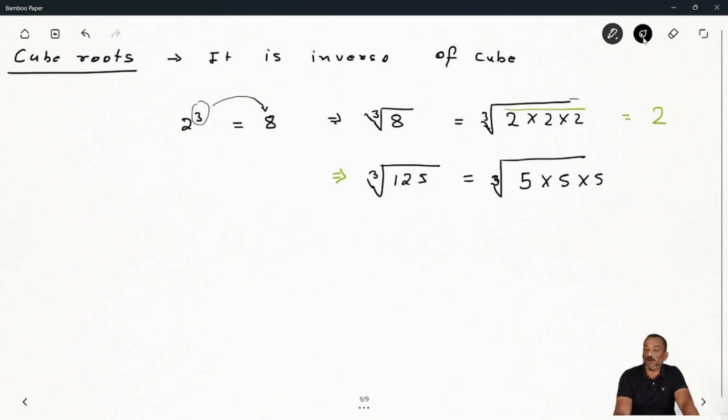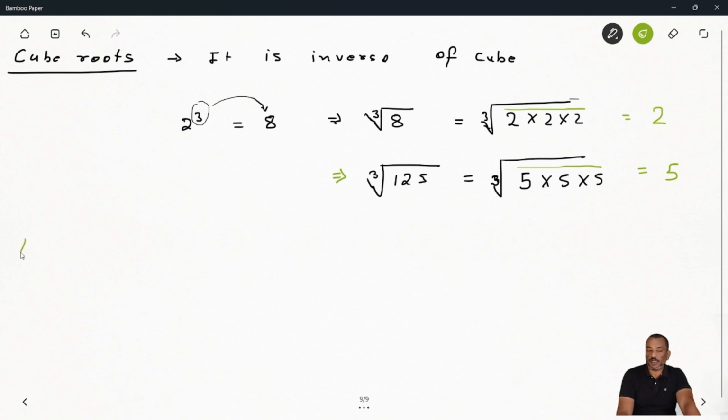All these numbers come in a group of three, so one number will come outside. Which means cube root of 125 is 5. That way we can find cube roots. Hope this is clear. Any number you are given, you can find the cube root. How to find the cube root by method, we will see next.